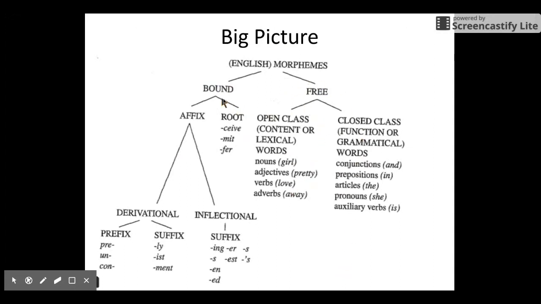And then let's take a look at the other end, bound morphemes. For the bound morpheme, at the very beginning we have these two types: bound affix, and bound root.